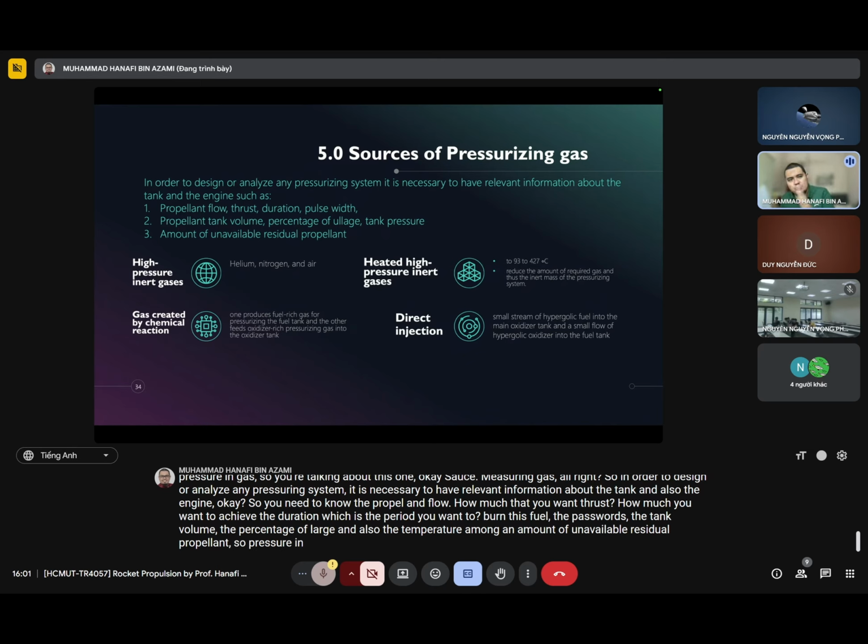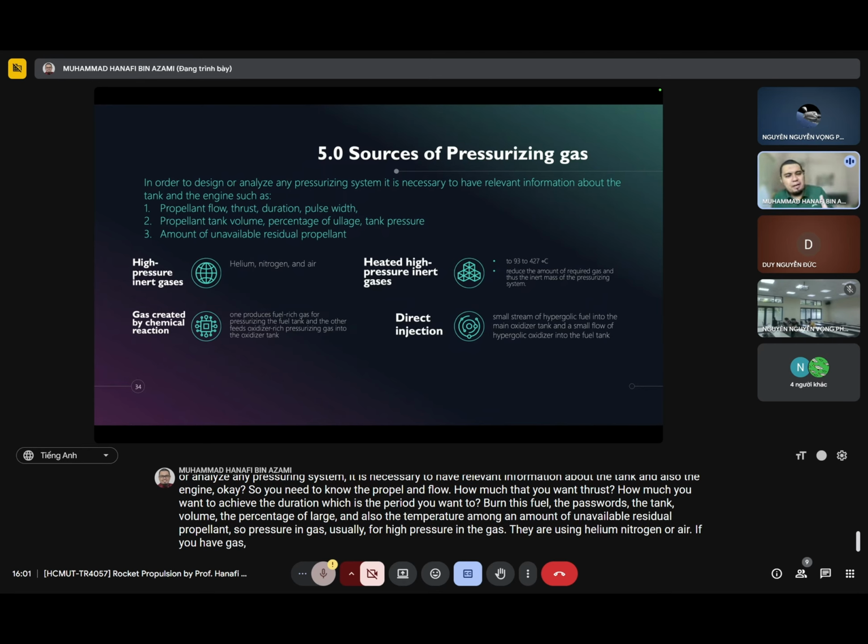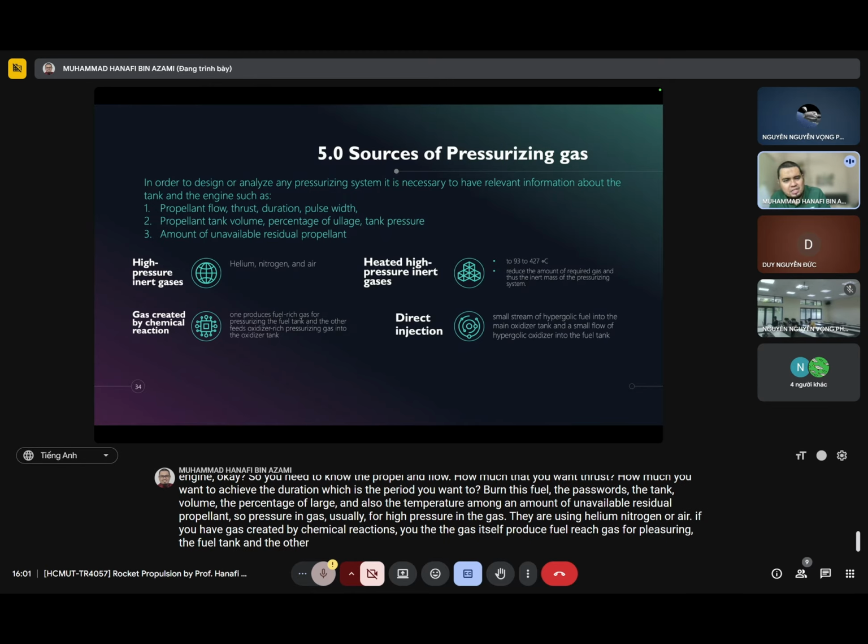For high pressure gas, usually they use helium, nitrogen, or air. If you have gas created by chemical reactions, it produces fuel rich gas for pressurizing the fuel tank, and oxidizer rich pressurizing gas for the oxidizer tank.